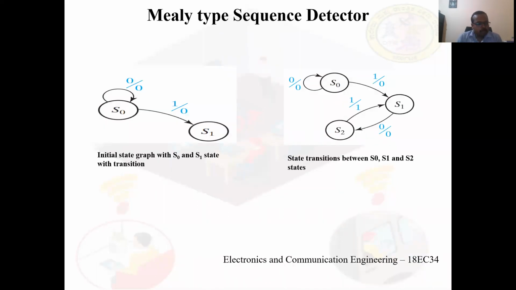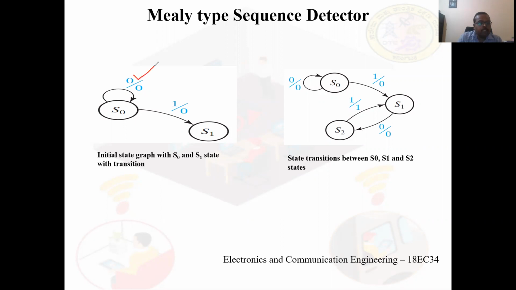Now, for the given problem statement, for the sequence to be detected, we'll use the Mealy model and the Moore model. When I say Mealy model, the output is a function of input and present state. Initially, the initial state or the reset state is S0.